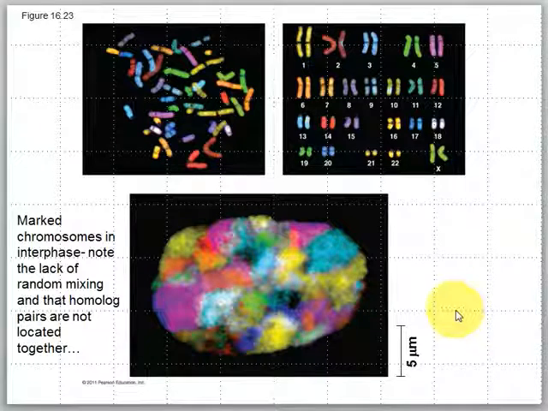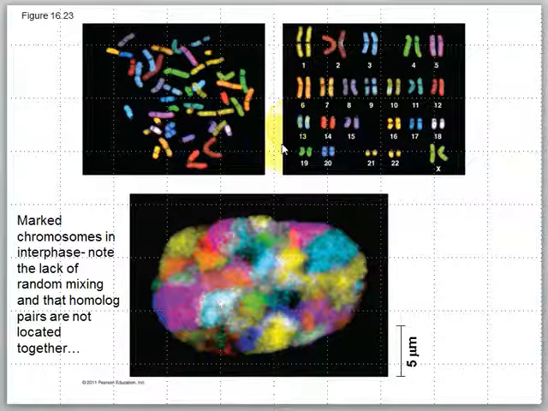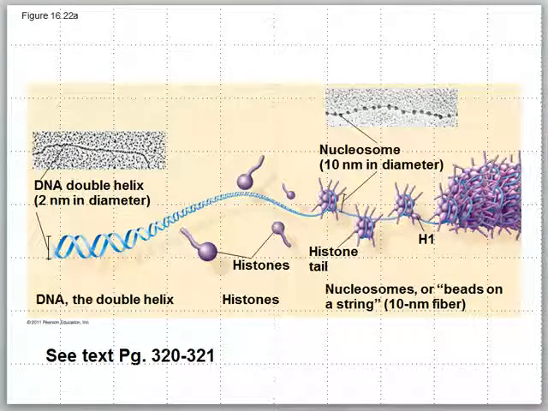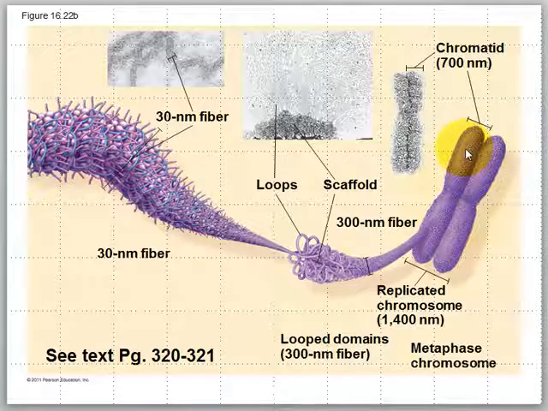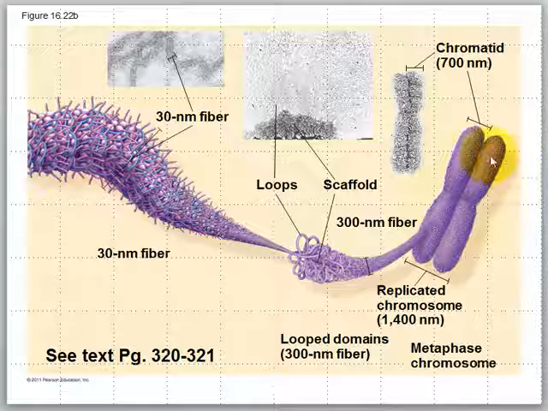The cool thing to think about too is the way they do all of this folding that we just showed and talked about. I'll go back to the slide previous here. So you have this entire folding process to get to this particular shape that we see. Well, think about how precise that folding has to be, because remember, if there's a gene right here, the other copy of that gene, the other allele, will be in the same spot on the other homologous chromosome.